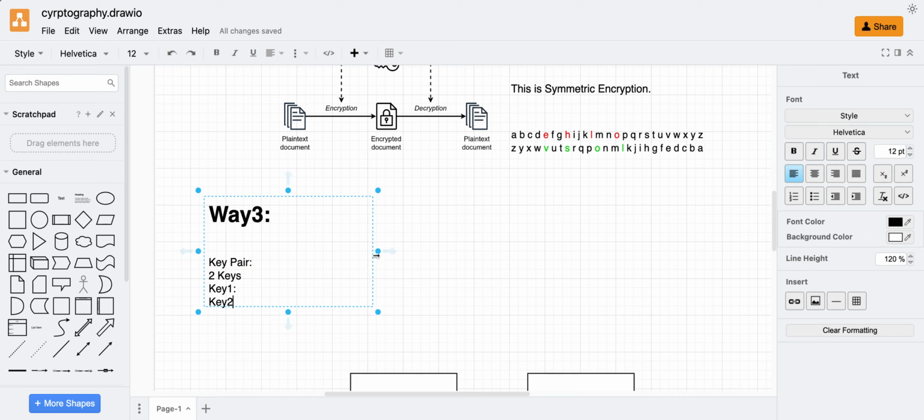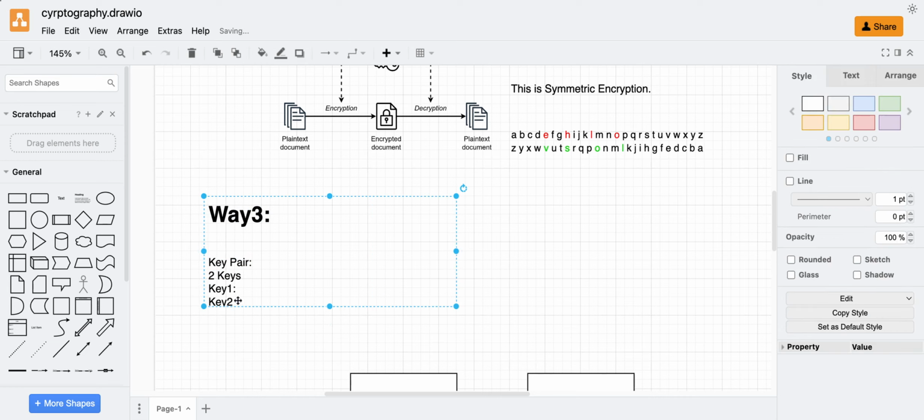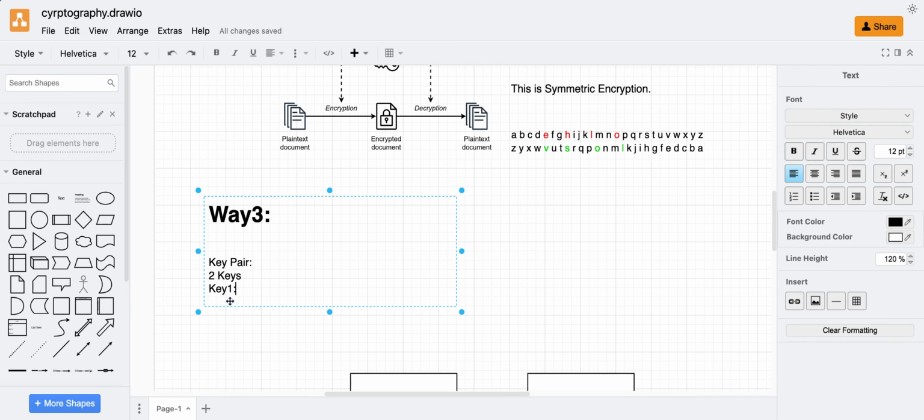Okay. Now how is it going to solve our problem, let's see that. Between this key pair, one key will be used to encrypt, the other will always be used to decrypt it.